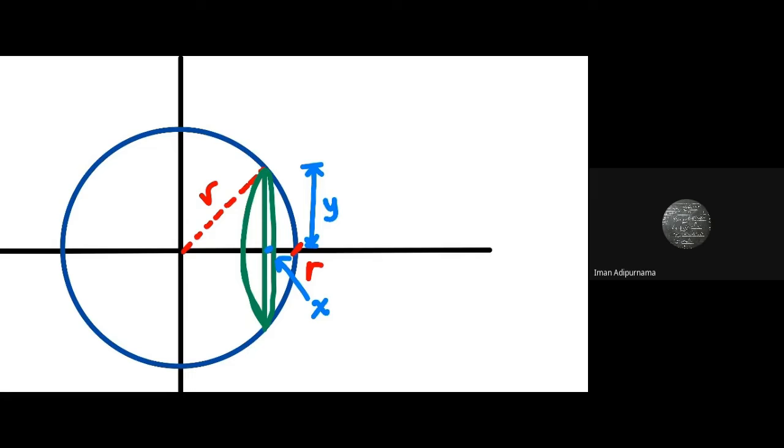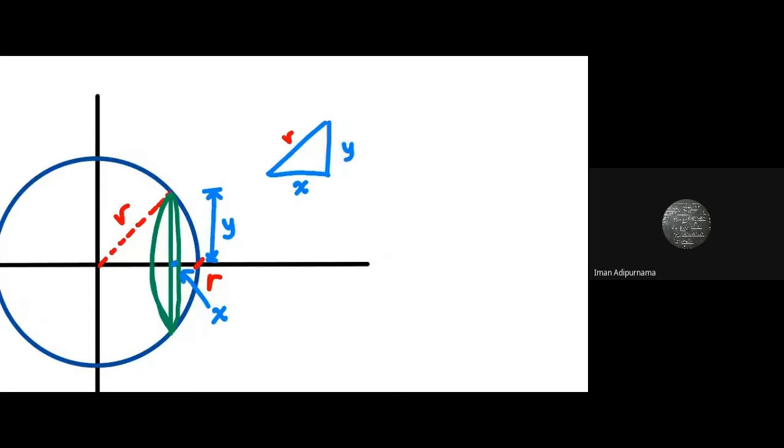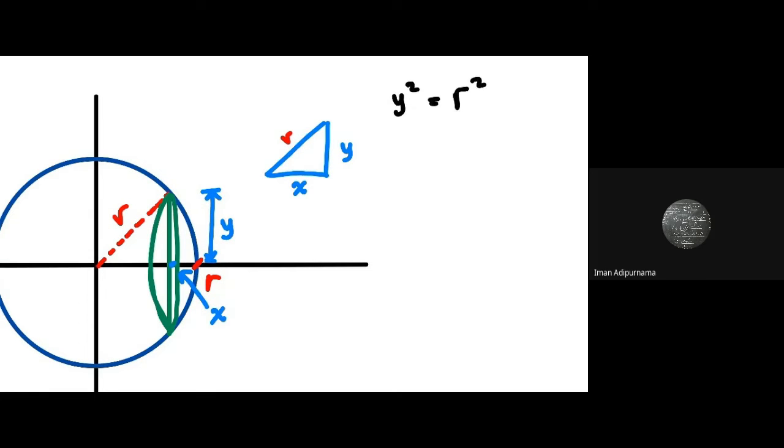And we can have this triangle relation between x, y, and r. We can use the Pythagorean theorem to rewrite y squared as r squared minus x squared, or y equals the square root of r squared minus x squared.